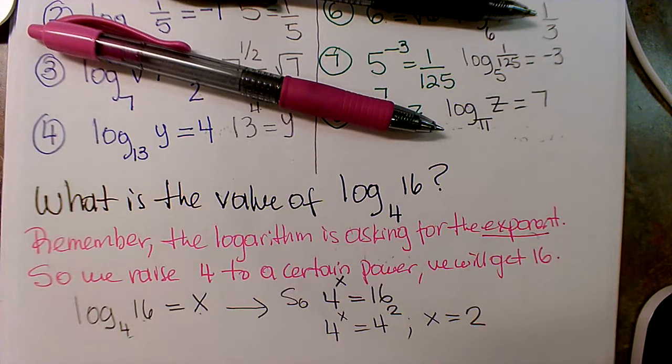So the log must be equal to 2 because it's the exponent of 4. The log must be equal to 2 because that's the exponent of 4 that will give us the 16.